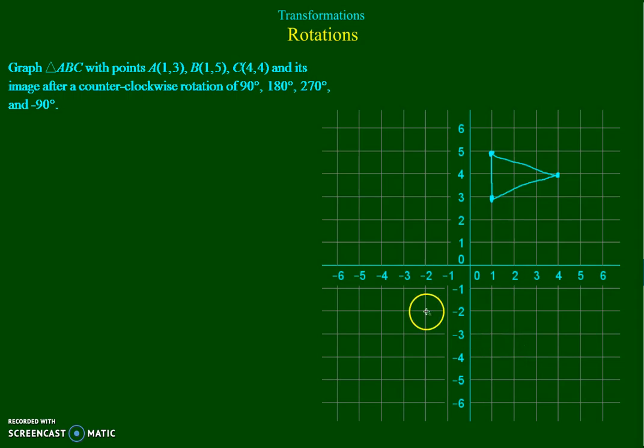Now we're going to generate the counterclockwise rotation 90 degrees about the origin. So remember, we're going to write the rule right here just so that we have it for reference. x, y goes to negative y, x. And we started out with A, which is 1, 3, B, which is 1, 5, and C, which is 4, 4.